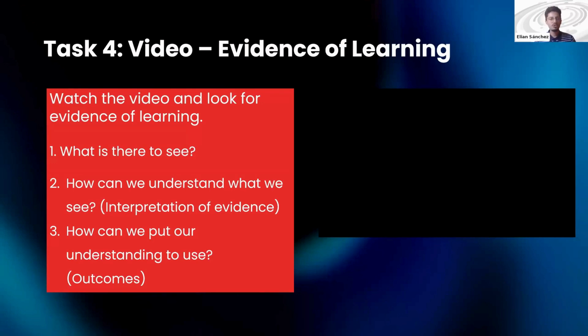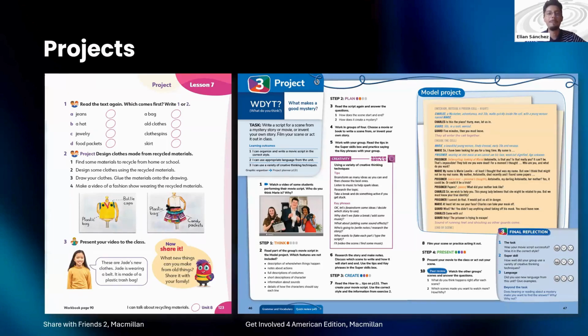Now, we showed you an example of this performance assessment, and maybe we could tell teachers that if their courses come with projects, which is the case for many of our books, you can use this as a performance assessment. The bonus is that your projects also come with a self-assessment rubric.